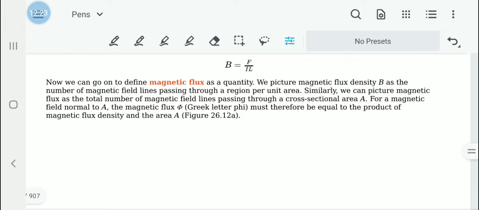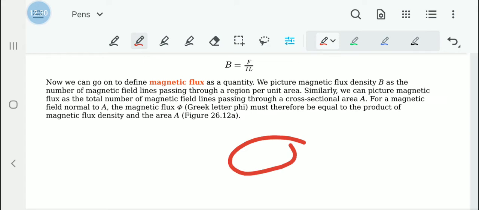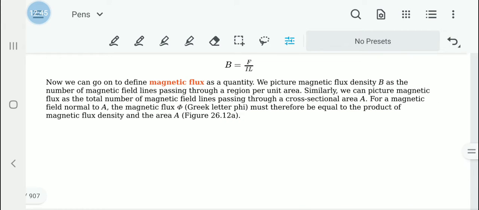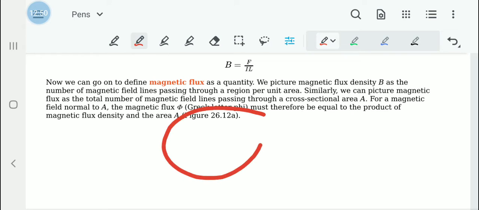Leave a line and write. Magnetic flux phi, it is written like this. You generally add these two symbols, so it's like an I across O, something like this.